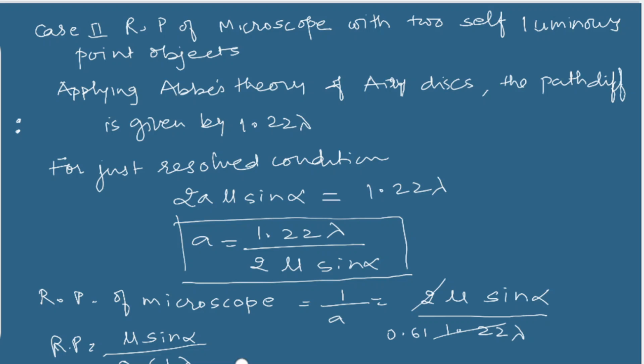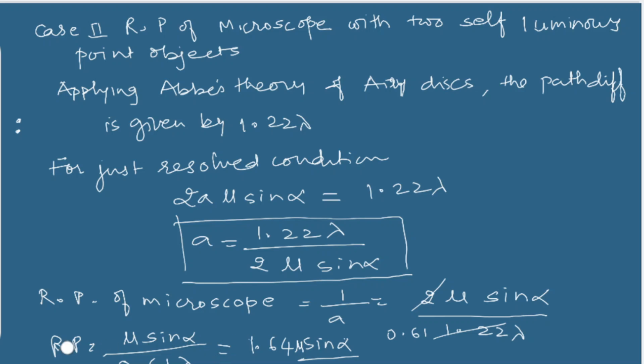If we simplify this, 1 upon 0.61 is 1.64, so RP is 1.64 mu sine alpha divided by lambda.